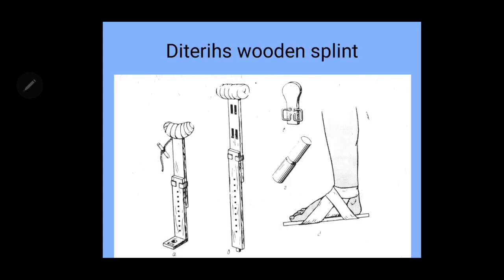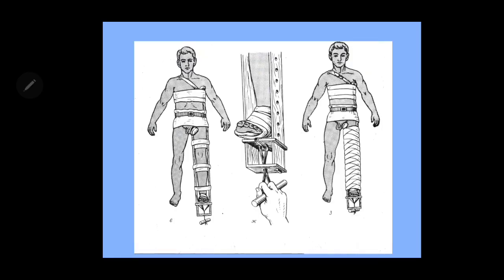So the next common splint that is used to immobilize hip fractures is so-called Dieterich's wooden splint. It has several parts. From left to right you can see the inner part, the outer part, the part for a foot, the stick, and on the next slide we will show you how the splints work.